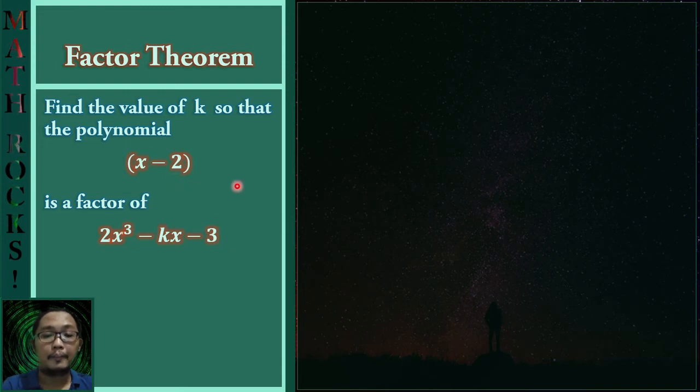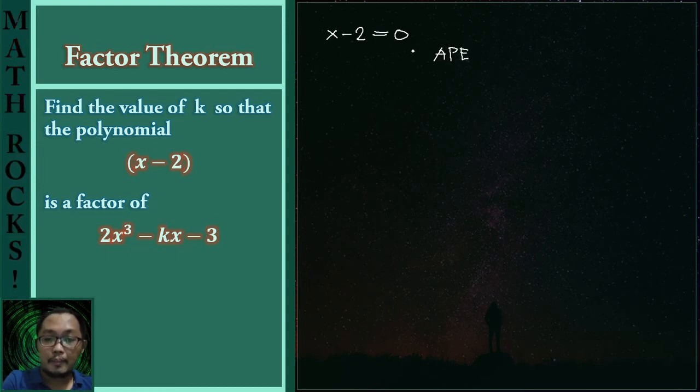So that means if we identify the value of c by restating x minus 2 to x equals c, we must have this be equated to 0 first, and apply the addition property of equality. So adding a positive 2 to both sides, it gives us x equals 2.